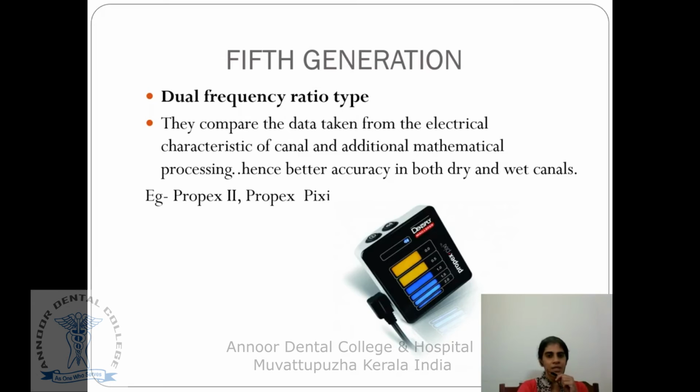The exact details of how it functions are not revealed by the company. They say that it has better accuracy in both dry and wet canals, and examples of this are the Propex 2 and Propex Pixie. So this is a Propex Pixie. The advantage is that it is very handy. It is very small and it can be used with ease in general practice.